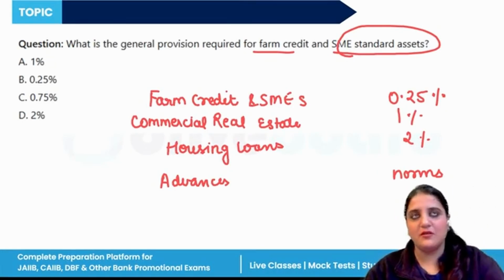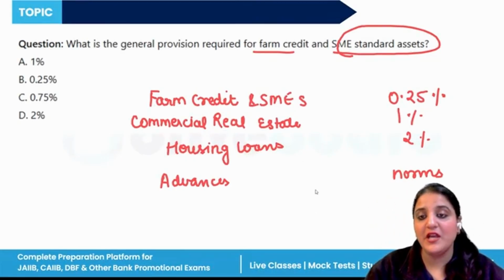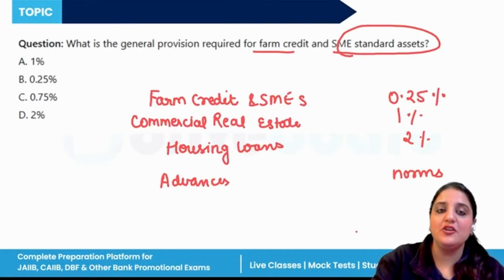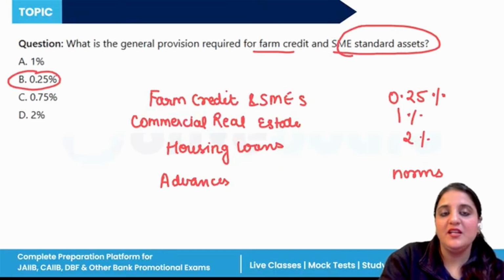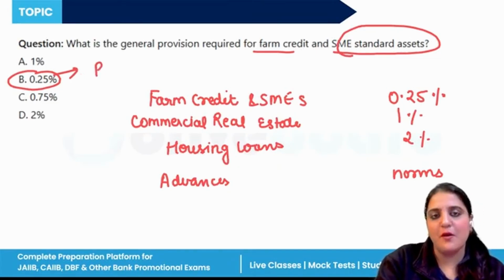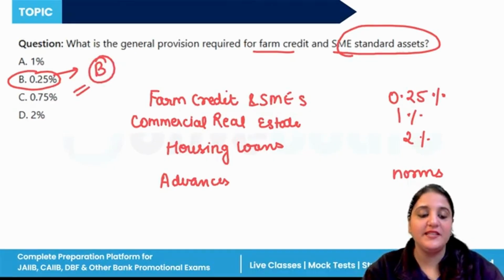Then restructured advances. So what is the general provision required for farm credit? RBI mandates 0.25%. You have to learn these things because questions can come in the numerical portion. So option B is correct, 0.25%. You have to learn these particular percentages.